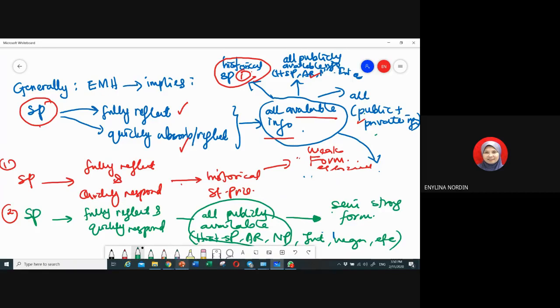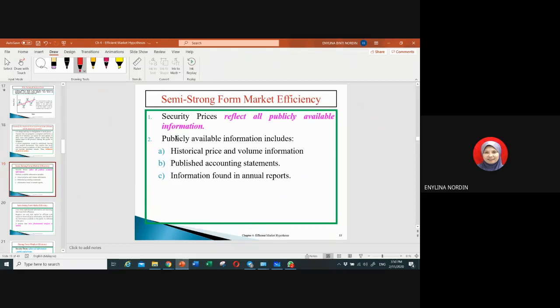Let's go back to the slide. So this is what we meant by this sentence: security prices reflect all publicly available information. The publicly available information includes the historical prices, the past stock prices, and published accounting statements such as the annual report, any information you get from the business news, and information found in the annual report.